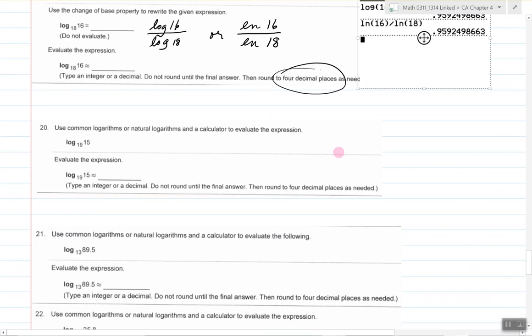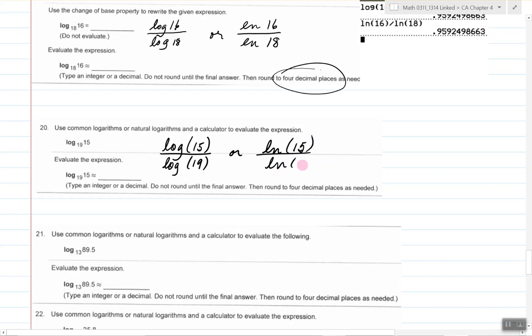So you can see that you could do it either way. Let's look at number 20. It does not ask you to type in what process you used. So on your calculator, you will either do the common log of 15 divided by the common log of the old base, 19, or you'll do the natural log of 15 divided by the natural log of 19.